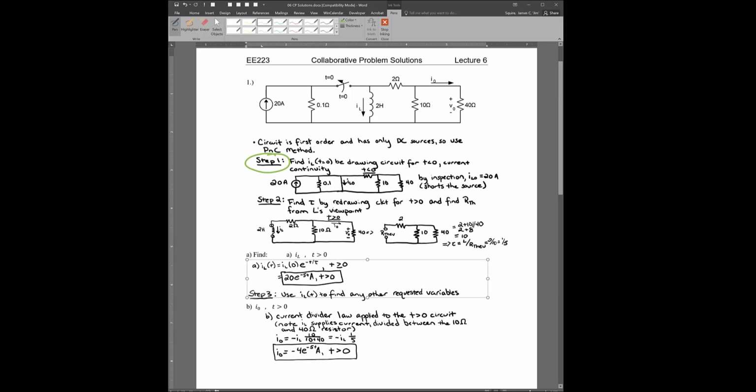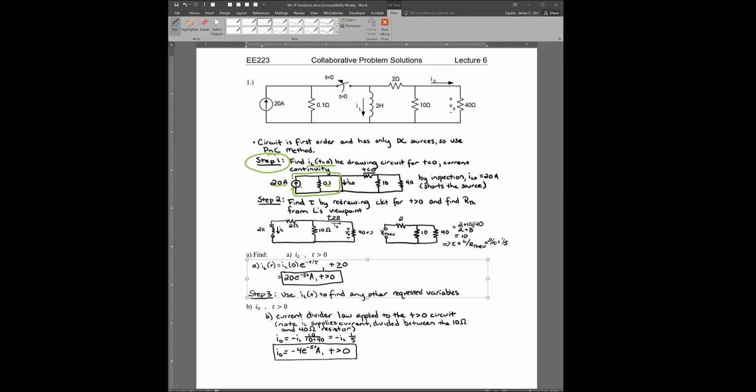So your question is with step one, we want to find I_L at t equals 0. So you've got our 20 amps, our 0.1. This is I_L naught. And your question is, why does all the current go through here and none of it go through the 0.1? Yes, sir. Okay.